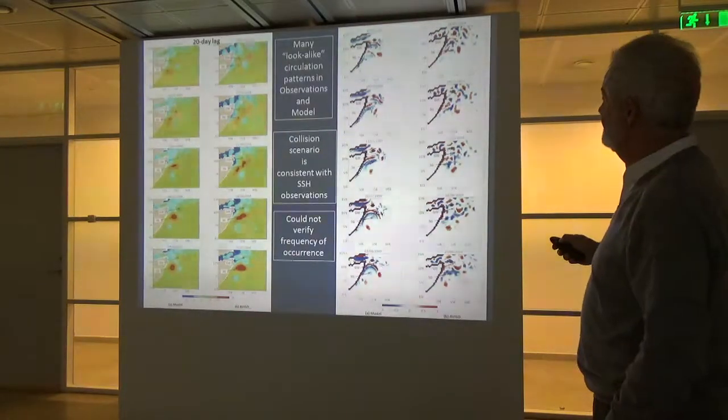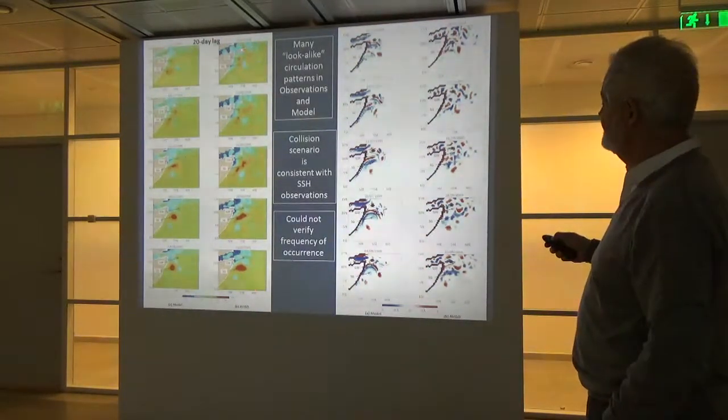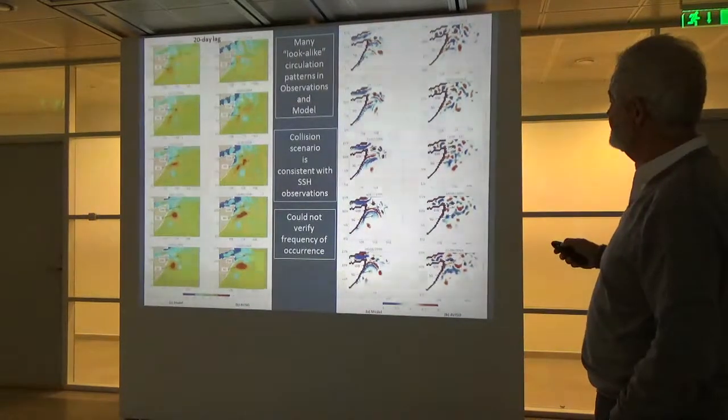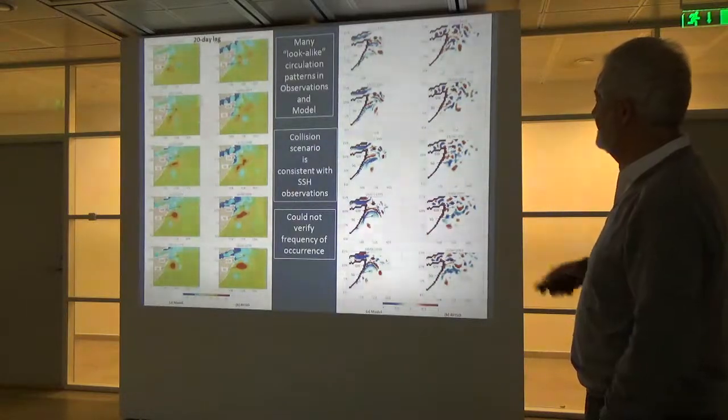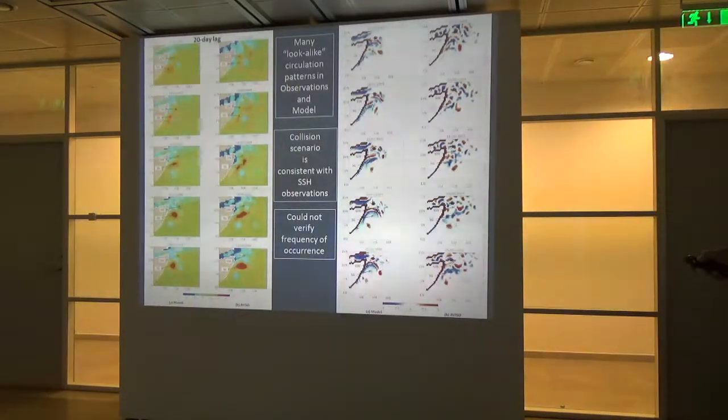If I have to comment on the satellite observation, the Great Whirl would be here, and the Southern Gyre would be here, and here we would have a cyclone. And the evolution would be this way: the Great Whirl is being pushed by the Southern Gyre, and at the end the Southern Gyre has taken the place, and the Great Whirl is here. I know this scenario because I have the spiciness, I have everything to know that this is the scenario in the model.